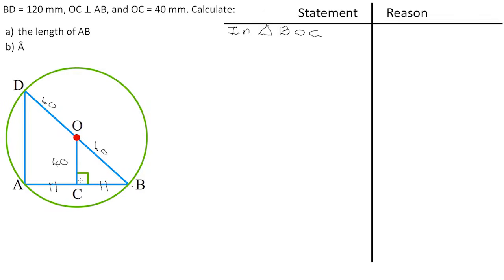BC squared is equal to my hypotenuse, OB squared, minus my right angle side, OC squared. Why? Theorem of Pythagoras.